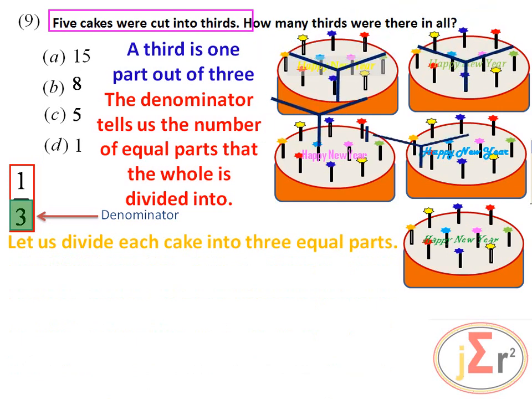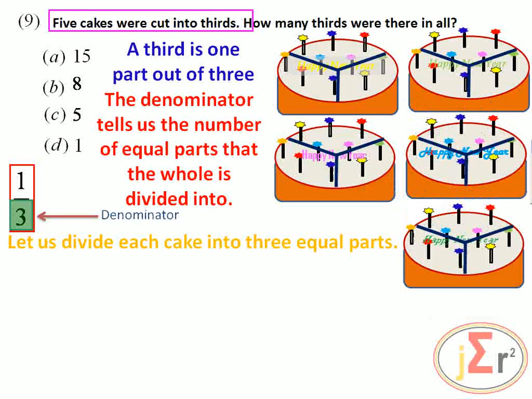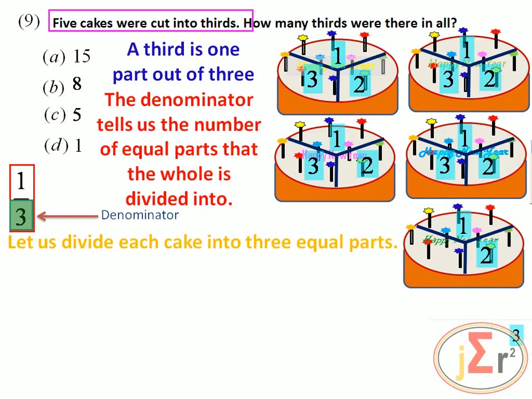So we have them divided into 3 equal parts, and each one is divided into 3 equal parts. When we divide something in 3 parts, they have to be equal, right? They have to be equal.